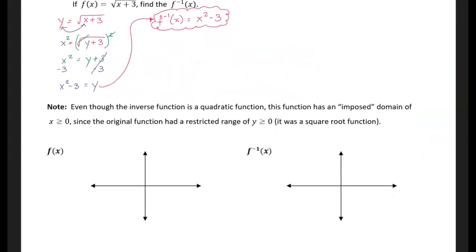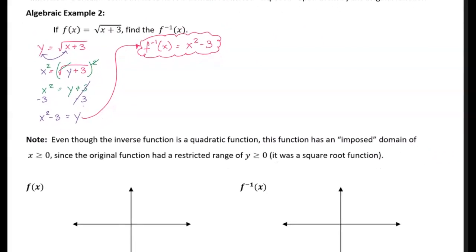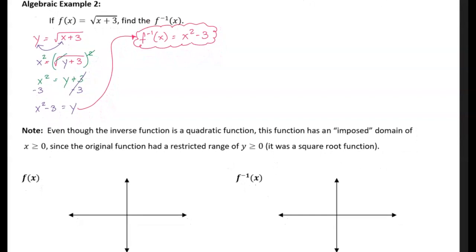First, to understand this inherited domain, we're going to go ahead and graph the original function. Just a quick little sketch. So our original function here had been square root of x plus 3. How can I graph this?